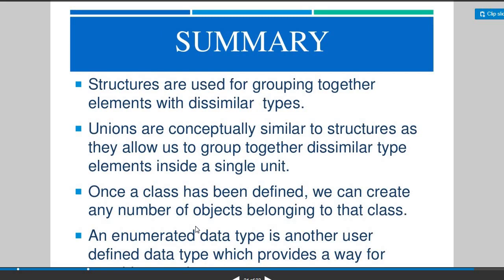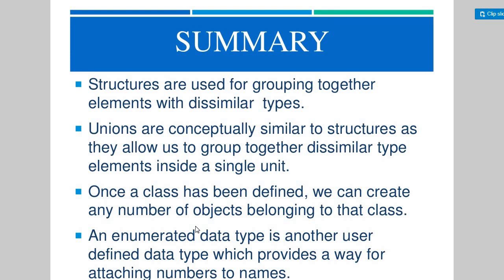Now the summary. Structures are used for grouping together elements with dissimilar types. Unions are conceptually similar to structures, as they allow us to group together dissimilar type elements inside a single unit. Once a class has been defined, we can create any number of objects belonging to the class. An enumerated data type is another user-defined data type which provides a way of attaching numbers to names.